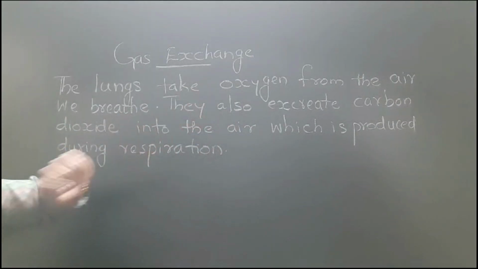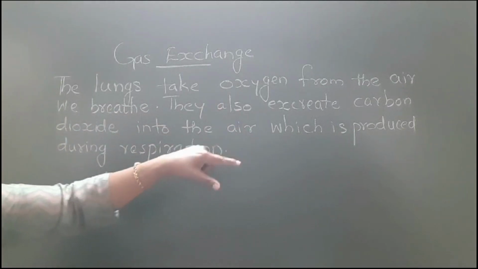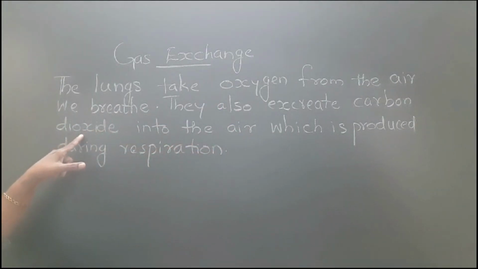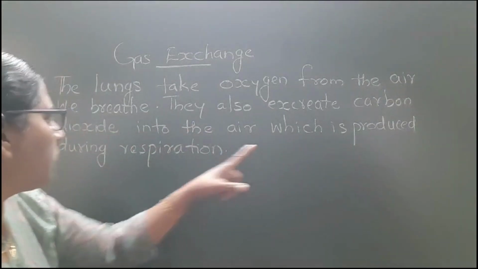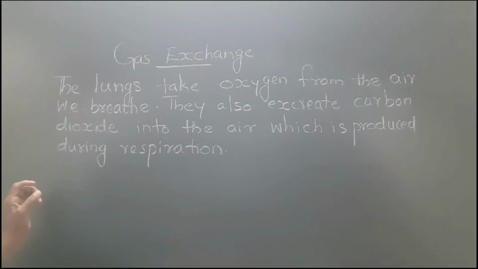During taking in oxygen, they excrete carbon dioxide also into the air which is produced during respiration. When we learned about respiration, we learned that there are two types of respiration, aerobic respiration and anaerobic respiration.